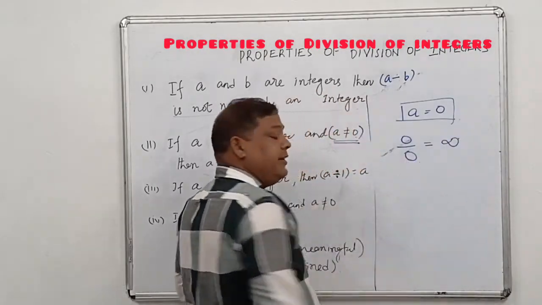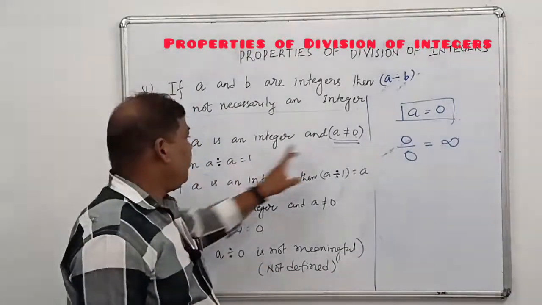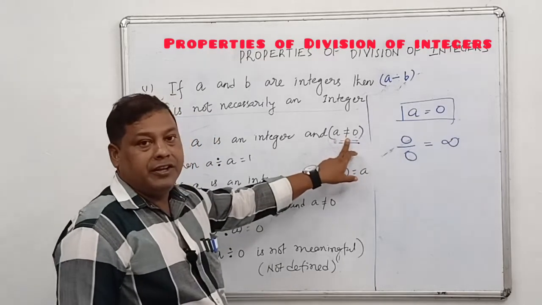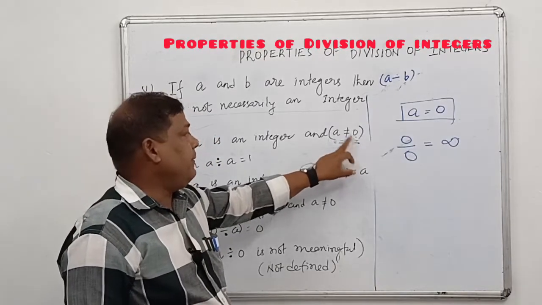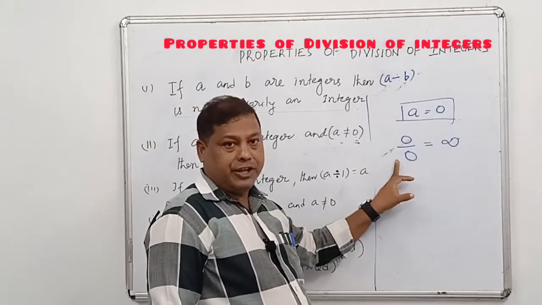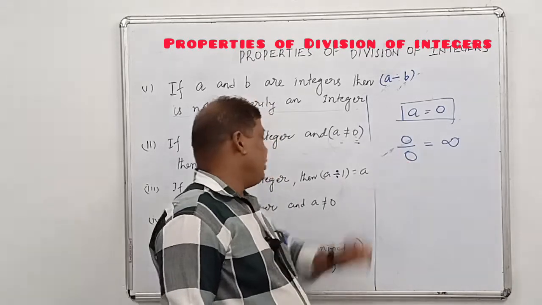So it is not meaningful. So that's why a does not equal 0. हमेशा डिनोमिनेटर को कभी 0 नहीं लेना है. अगर 0 लेंगे तो ये डिफाइन नहीं होगा, इसलिए डिनोमिनेटर में 0 नहीं होना चाहिए.